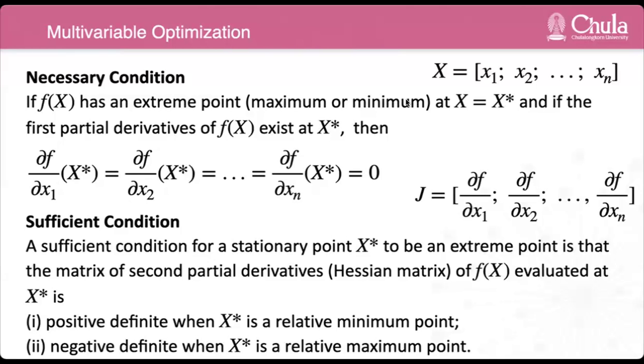Each element of the Jacobian must be 0 for a minimum or maximum. If a minimum or maximum exists and the derivative exists, the Jacobian must be 0.